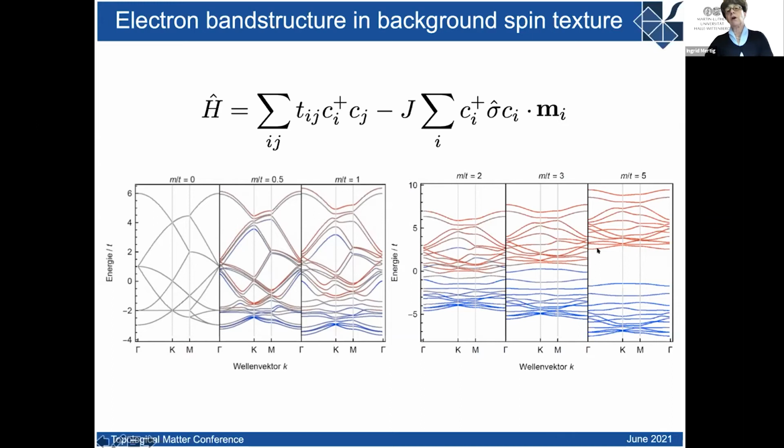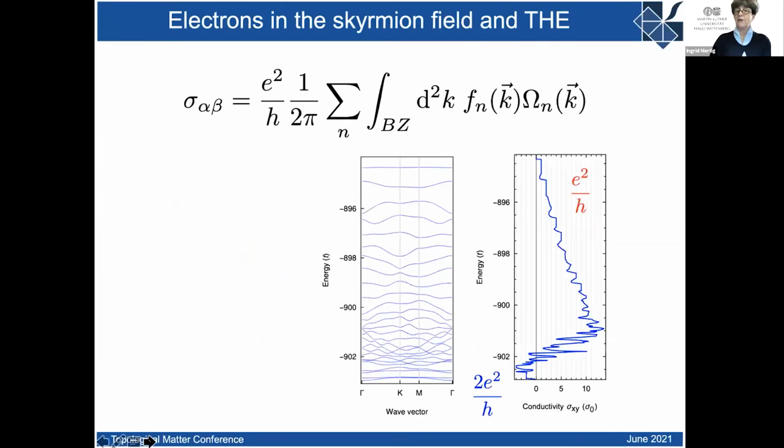So all the electron spins, when the electron is propagating in the spin texture, the electron spin always aligns fully to the underlying texture. And in this respect, we observe a polarized electronic structure with two blocks. Spin parallel to the spin texture is the lower energy, and spin anti-parallel would give rise to the higher energy. And now we calculate for exactly this electronic structure the Berry curvature, and also the conductivity.